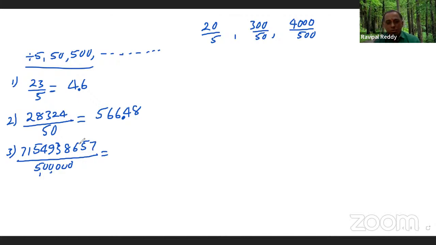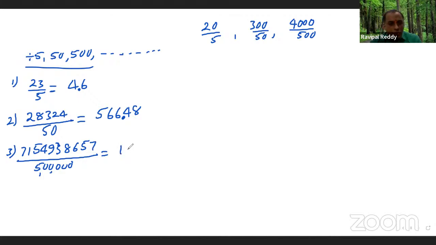Just double the number, double means multiply with 2. Doubling is not a big question, it's very simple. Within seconds, we can double the number. So what is the numerator into 2?